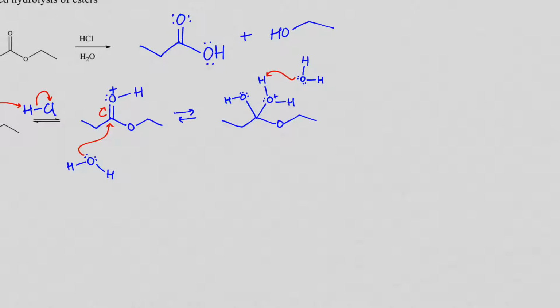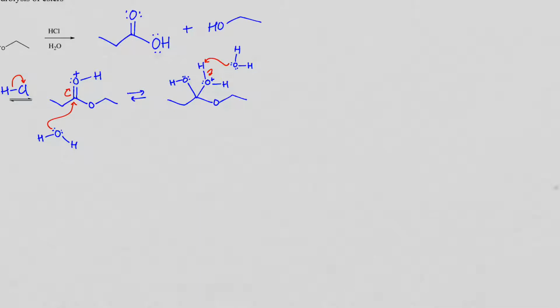Oh, I should draw the positive charge on now, shouldn't I? Deprotonate so that we now have another tetrahedral intermediate. But now we have 2 alcohol substituents on the same carbon. And we have this H3O plus that we generated.